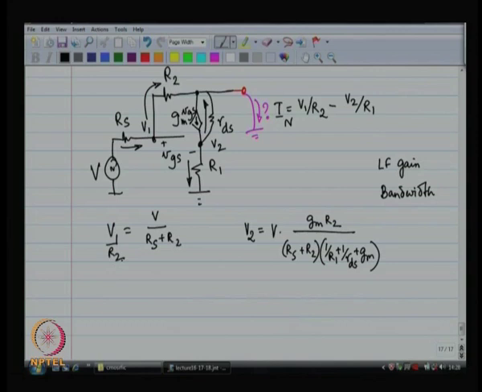V by Rs plus R2, that is one thing sorted out, and V2 by R1 is this particular quantity, and therefore, what I have really got is In equal to V by Rs plus R2 times 1 minus this.